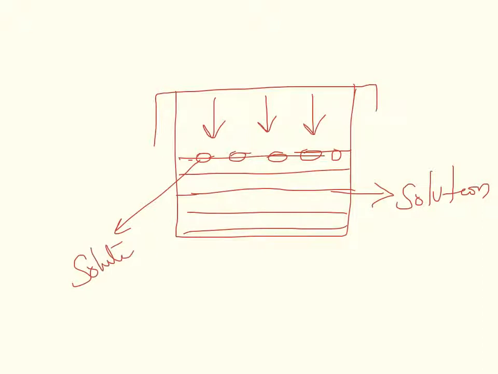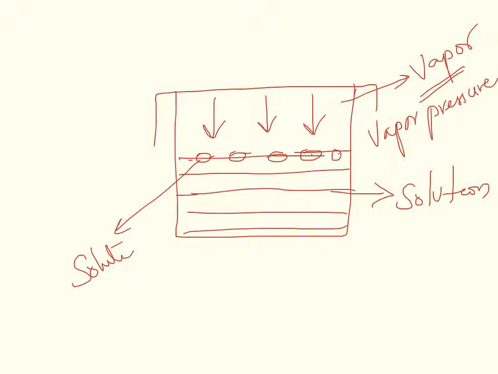As a result, the amount of vapor in this case will be less, because not all the surface molecules are solvent molecules. Some of them are solute molecules and they don't get into the vapor phase. Only the solvent, water, gets into the vapor phase. So compared to the previous situation, the amount of vapor is less in the case of a solution, and because of that, vapor pressure is less.